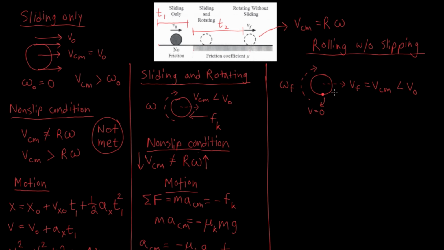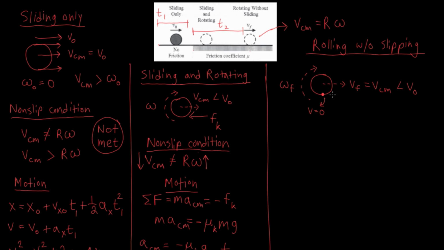And so notice that the object is rolling counterclockwise. Or no, sorry. It's rolling clockwise in this direction, because that's the direction that the angular velocity points, clockwise. And so that means that there has to be a force that's causing the object to rotate clockwise, and that force would have to be the force of static friction.